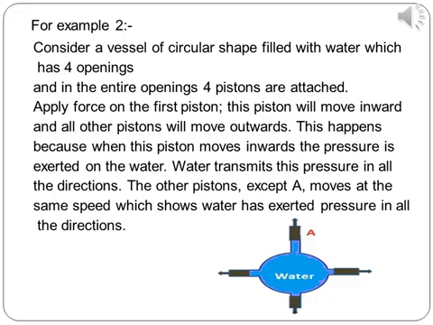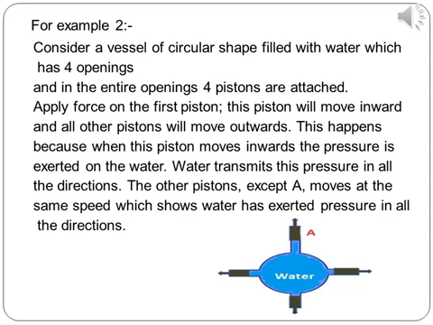Another example is, consider a vessel of circular shape filled with water which has 4 openings, and in the openings 4 pistons are attached. Apply force on the first piston. This piston will move inward and all other pistons will move outwards.